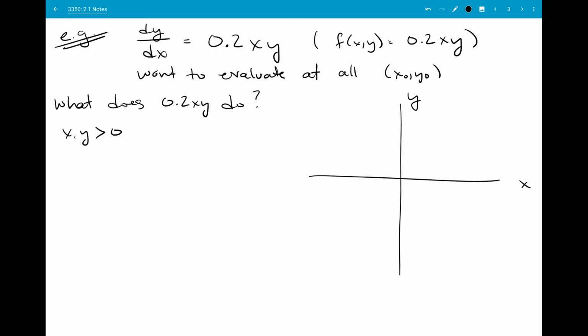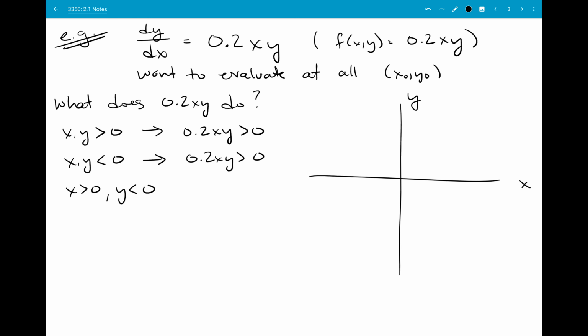If x and y are both positive, we know that 0.2xy is going to be positive. And if x and y are both negative, 0.2xy will still be positive. If they have opposite signs, then their product will be negative.